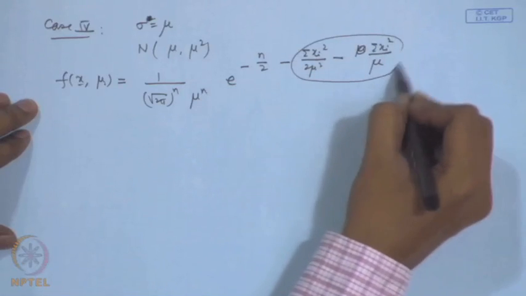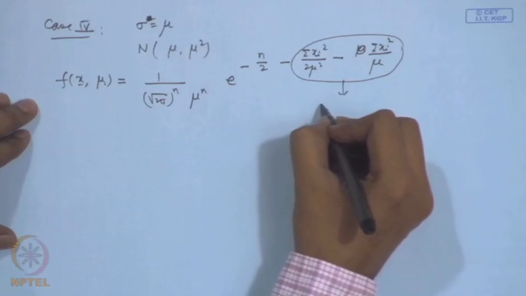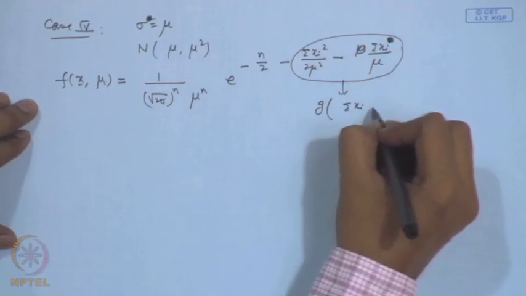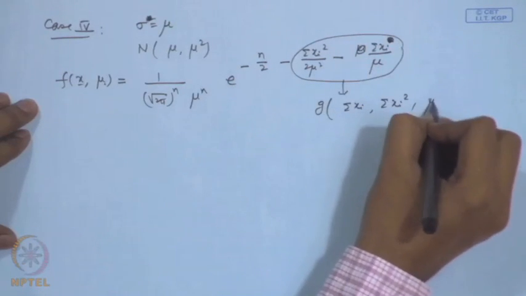So, here you see this is a function of sigma x I square and mu.